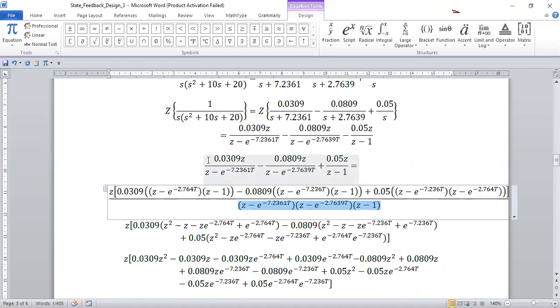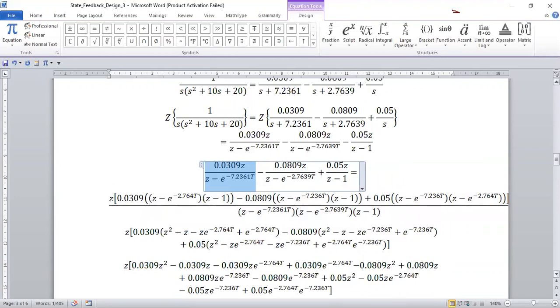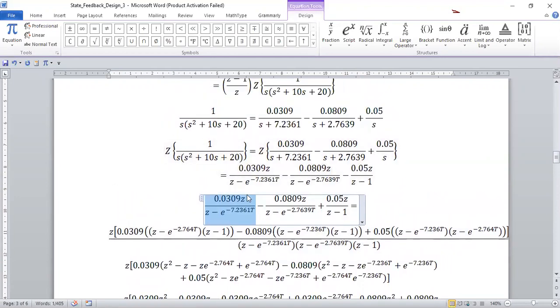Then you convert this three into a single fraction, and note that z is common to every one of them. So here you have z, and here you have z.